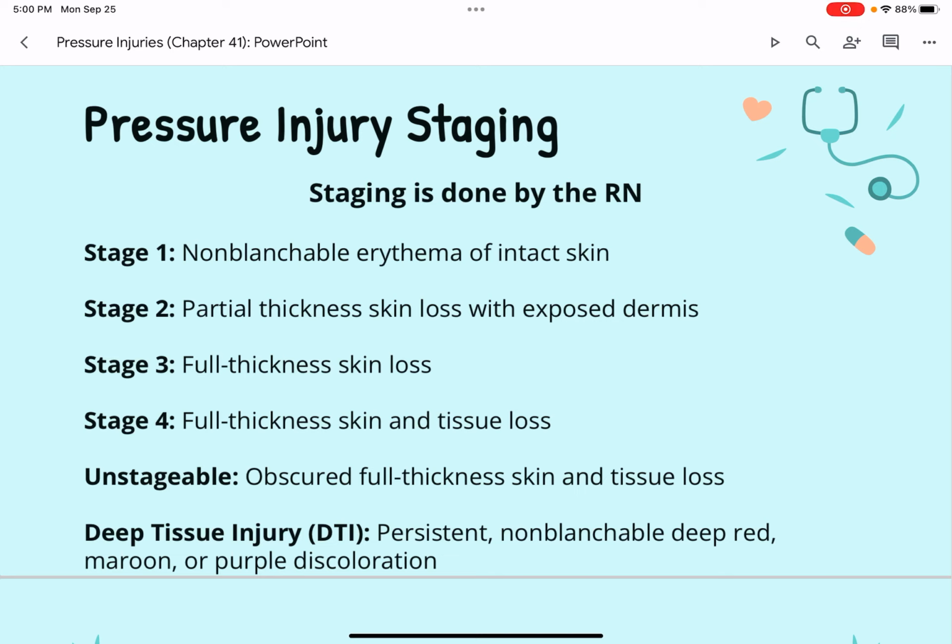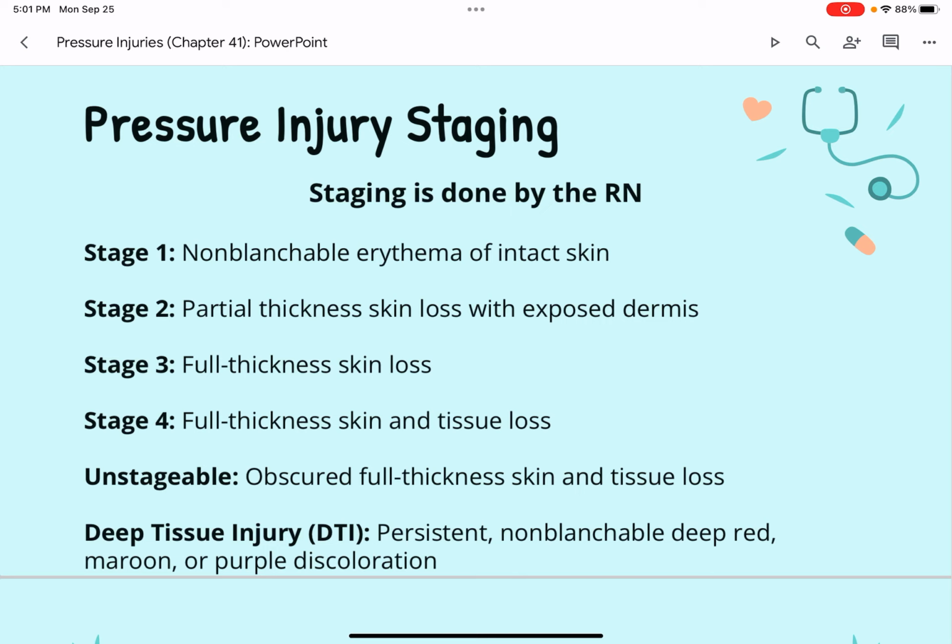With stage 4, the skin is gone. Muscle, tendon, ligament, cartilage, and or bone are exposed. Slough and or eschar may be seen. An unstageable pressure injury is one that has obscured full-thickness skin and tissue loss. The extent of tissue damage cannot be seen because of slough or eschar.